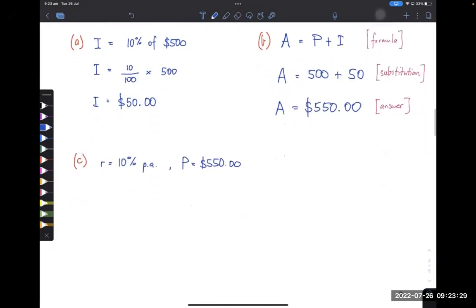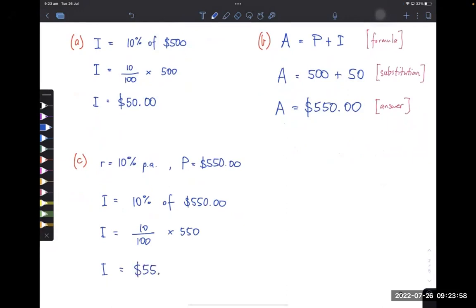Okay. If we want to find our interest, we need to find 10% of what amount now? Okay. So we're going to find 10% of $550. This is the same as saying 10 over 100 times 550. What will this amount to? Okay, 55 what?